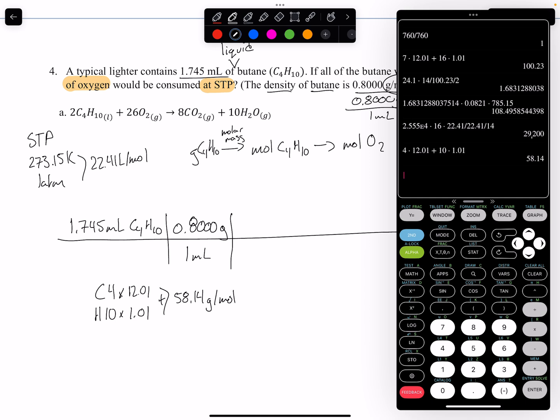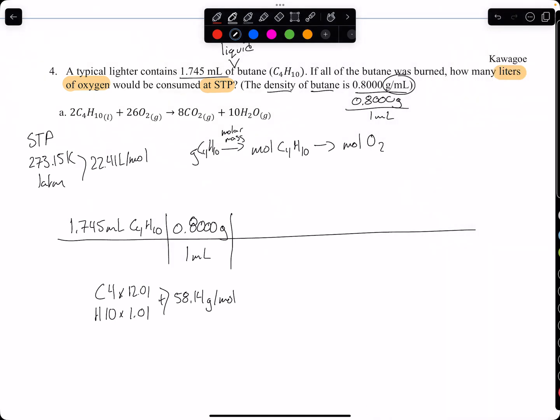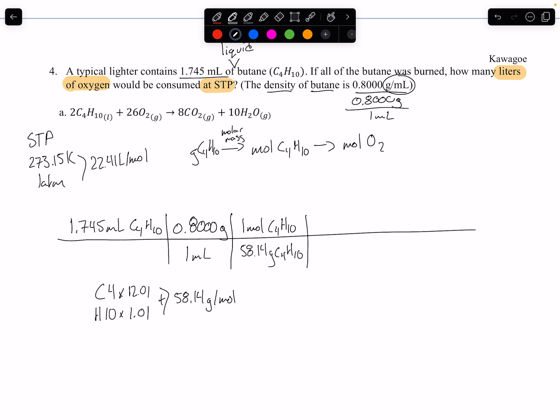So that's grams per mole. And I'm trying to convert now from my grams to moles of butane. All right, so we want to keep that part of the units. We want to keep the fact that it's butane in there, so we don't forget where we're at and where we're going and what units we need to cancel.